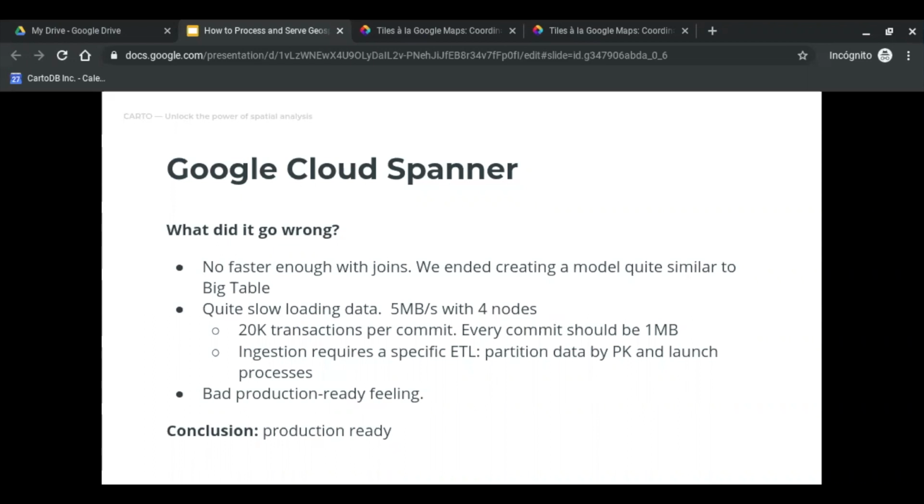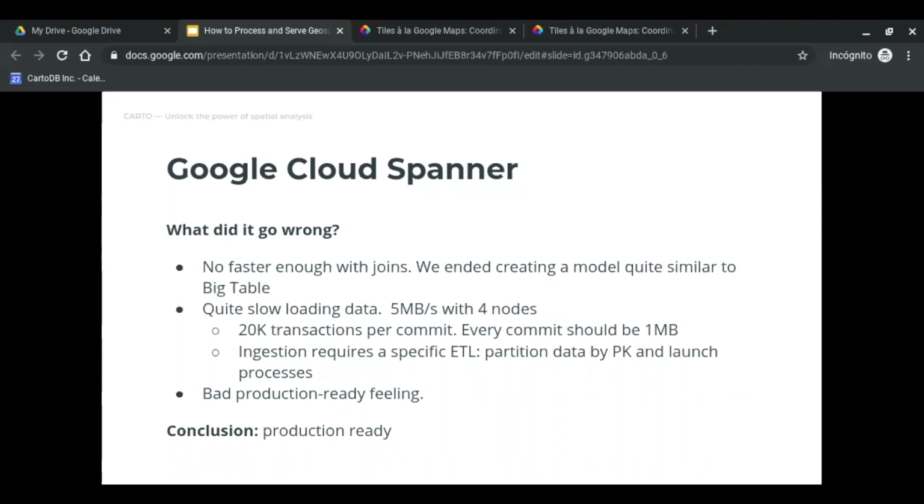But the tricky part is that they say that you can get 10 megabytes per second, but you have several different limitations. One is that each commit can run 20K mutations. And they say that every commit to get this speed needs to have 1 megabyte. And what happens?